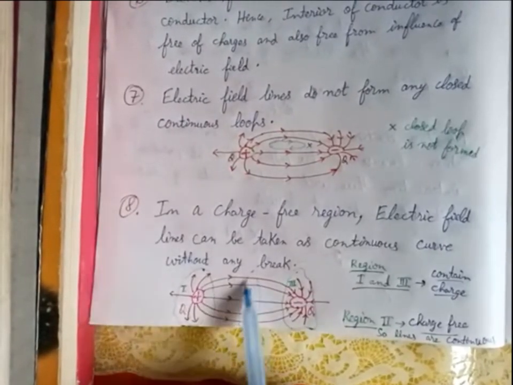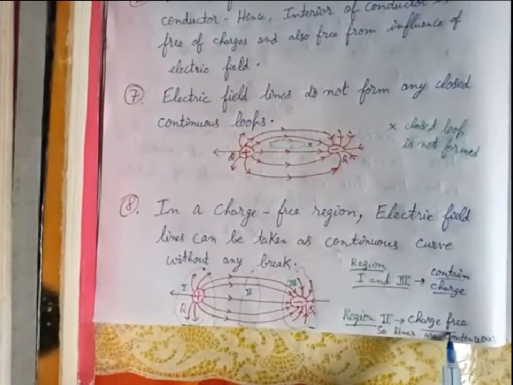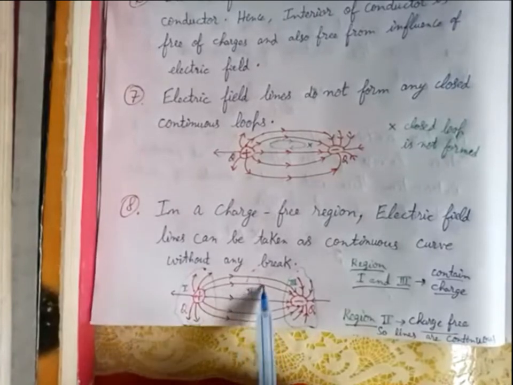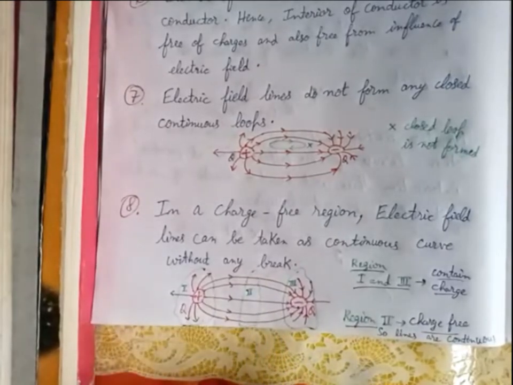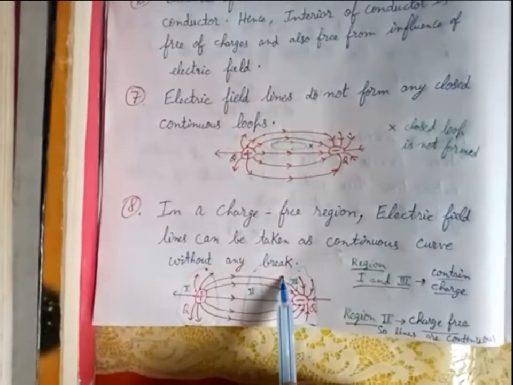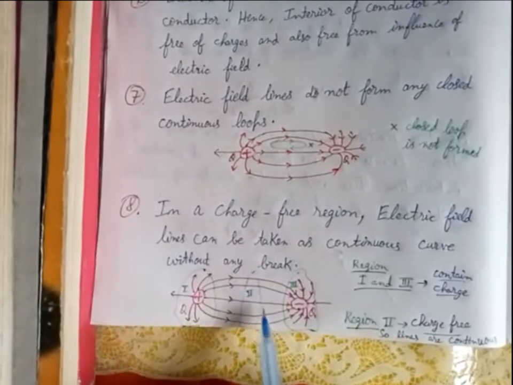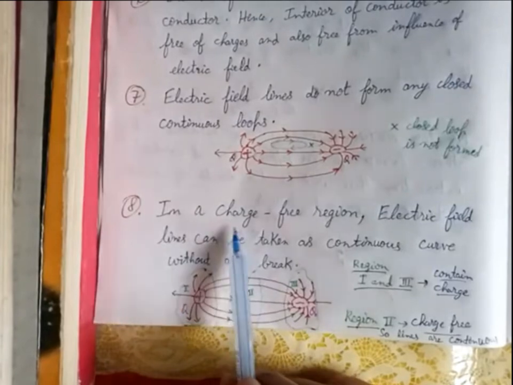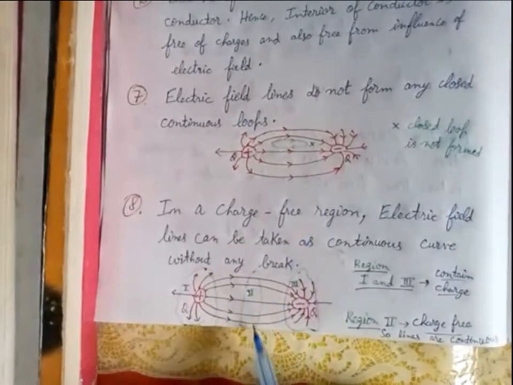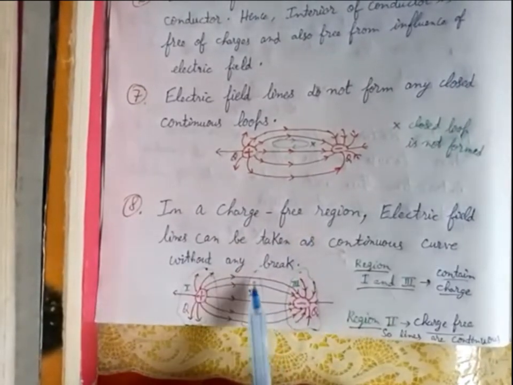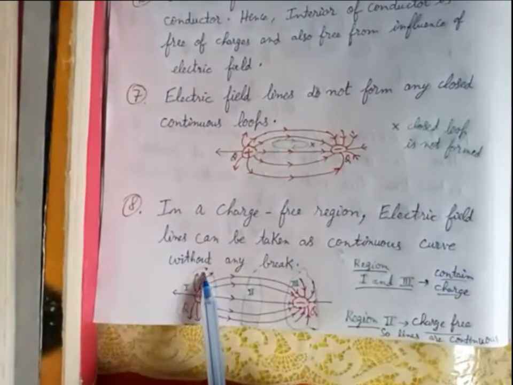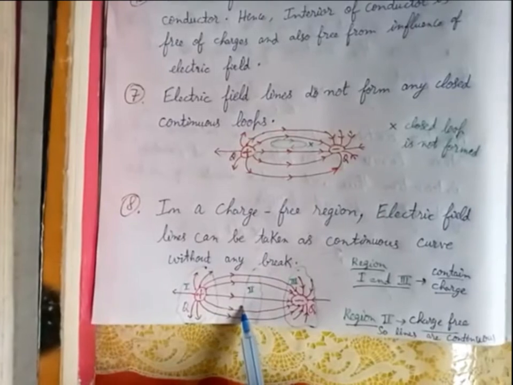But in region second, which is free of charge, the electric field lines are a continuous curve without any break. So by this diagram we understand that when charge is not present in a region, the electric field lines are always a continuous curve without any break.